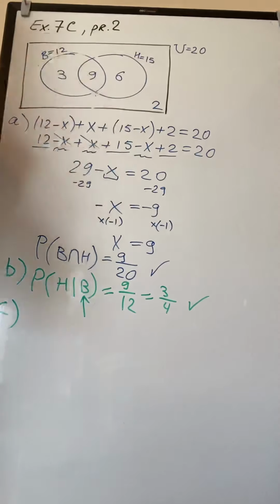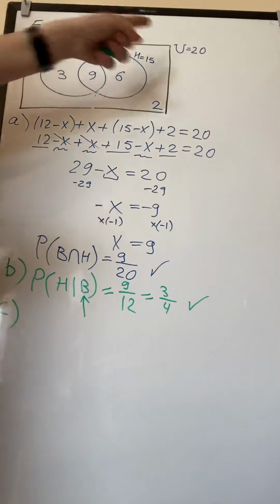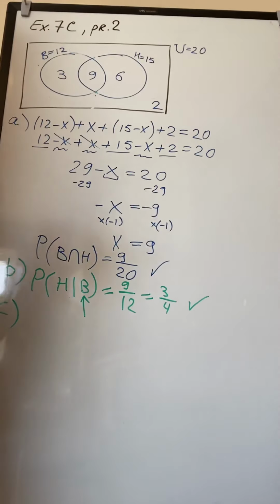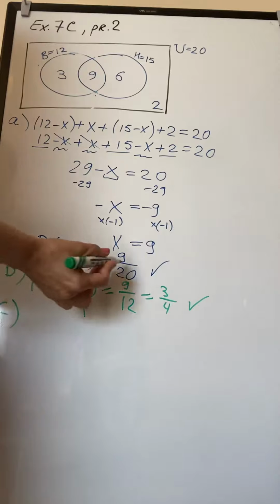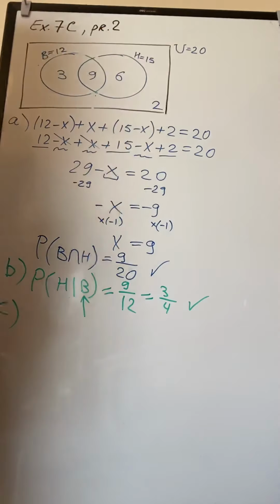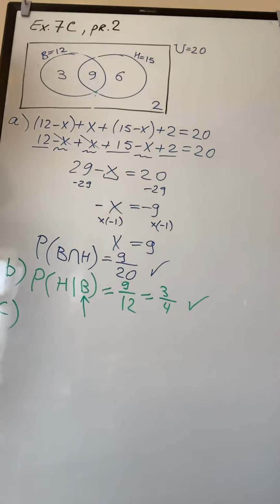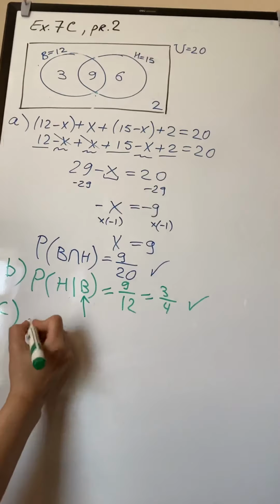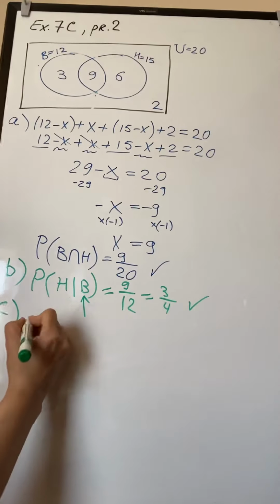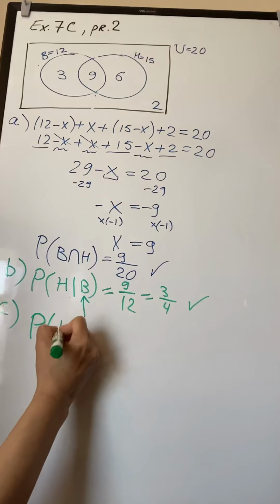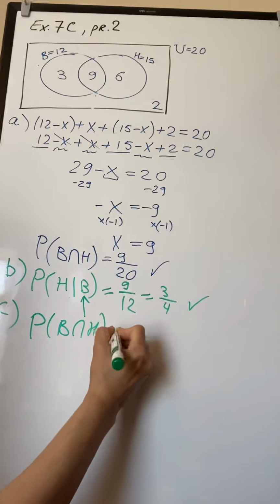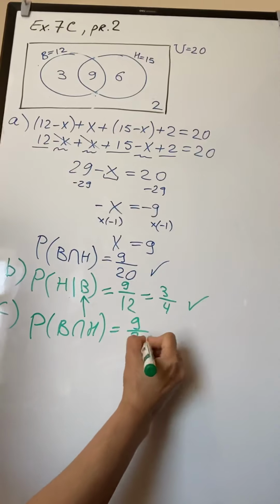All right, well, look, what's the probability that a student chosen at random from this crowd of 20 students is studying both biology and history? We already know that. We found it actually. Biology and history, 9 out of 20. That's out of everyone. Okay? Therefore, let's just record it. Probability of B and H is 9 over 20.